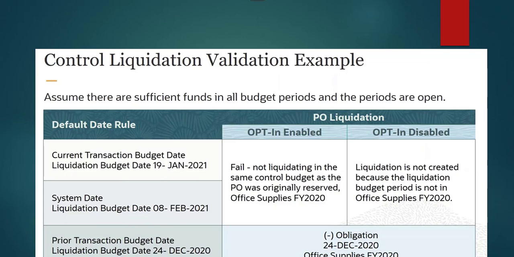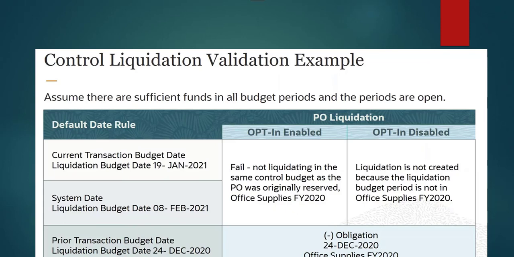If you have enabled that feature, the liquidation isn't created because the liquidation budget period isn't in the office supplies for year 2020 budget period range. If you have not enabled it, the invoice gets validated. The same thing happens if you have got the default date set to system date.